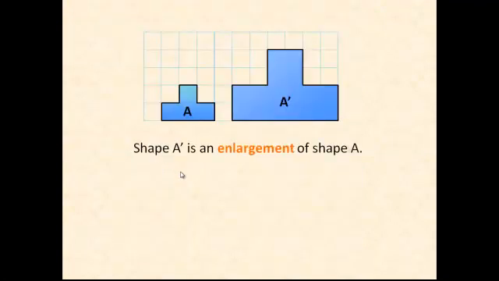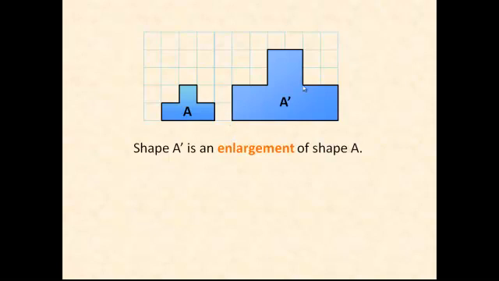We have here A and A dash. The A dash is an enlargement of shape A. If I want to find the scale factor, I will see the length of each side in A and what it becomes in the second shape, A dash. 1 square here becomes 2 squares, and 1 square here becomes 2 squares.